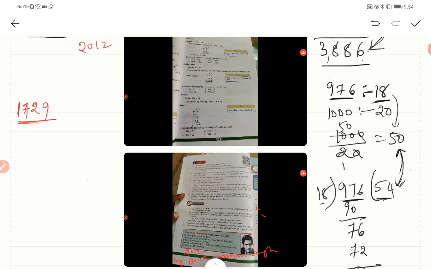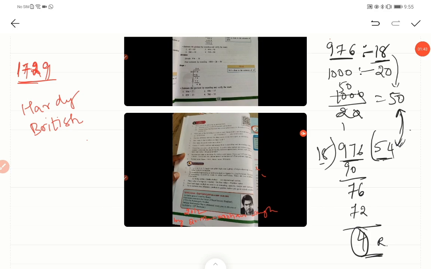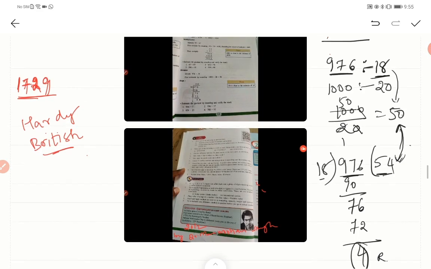What is the story behind this 1729 number? Do you know this? Once Hardy, the British mathematician, who was there at the time of Ramanujan, went to meet Ramanujan in the hospital, and he came in the taxi number 1729.